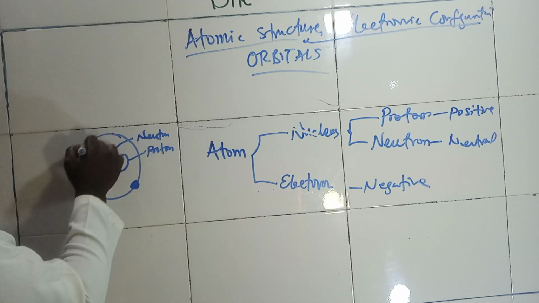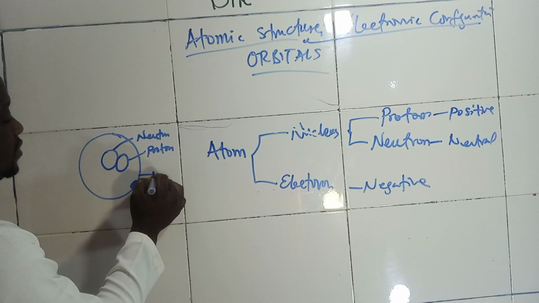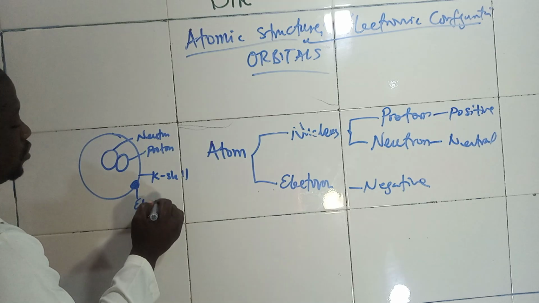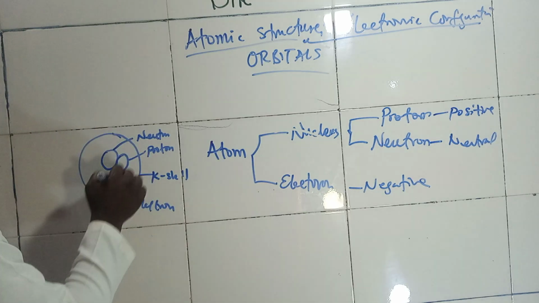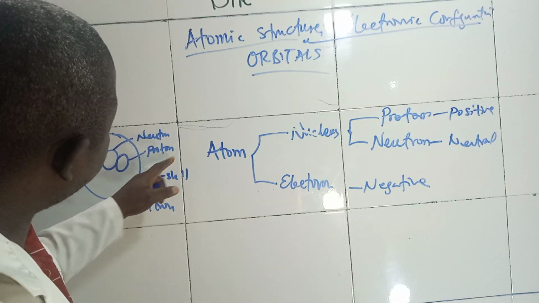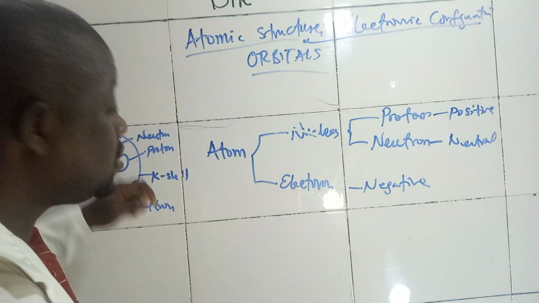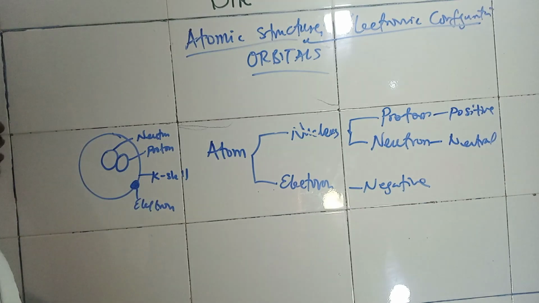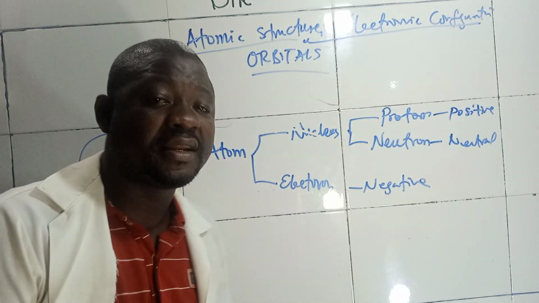The electron is moving around this K shell. This is the K shell, and this is your electron, revolving around the nucleus. This is your nucleus. I can rub off the neutron and proton and put nucleus, it's still the same thing. So we have the K shell that houses the external electron.